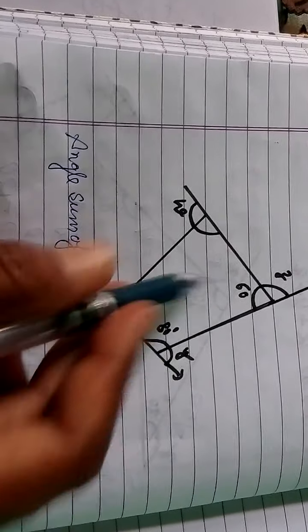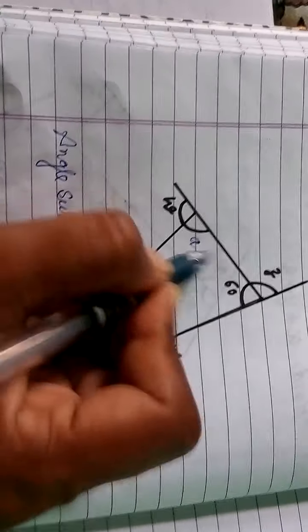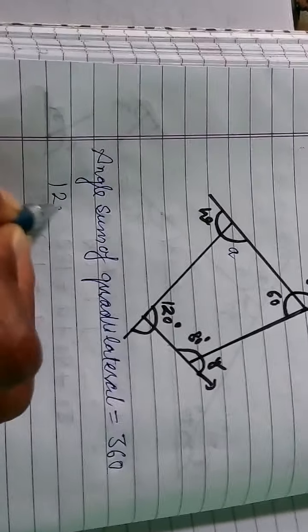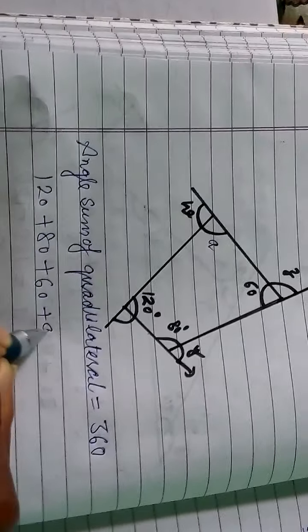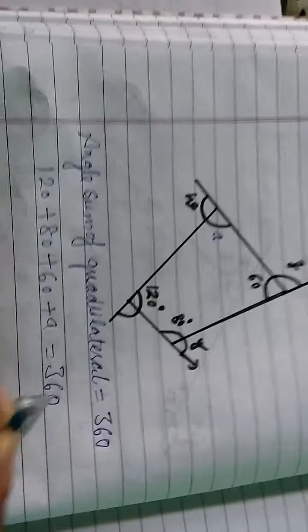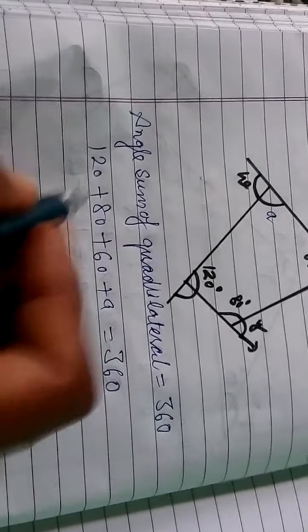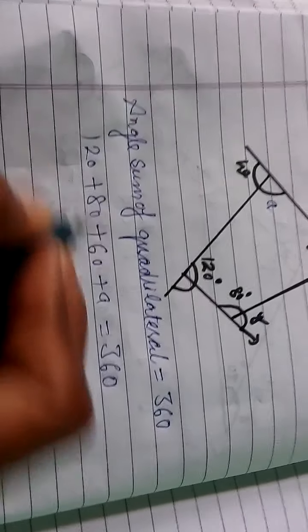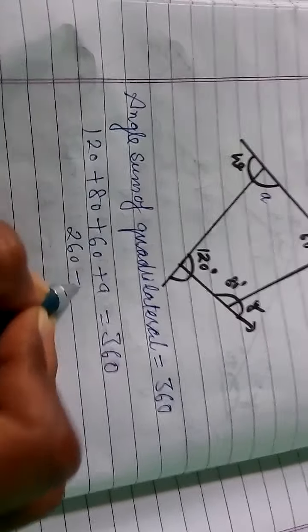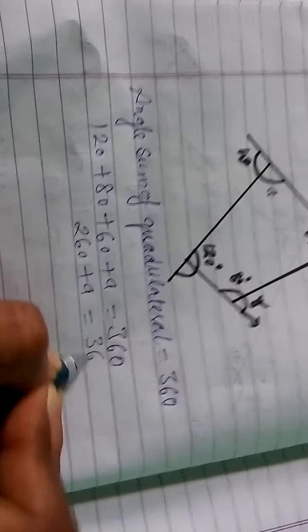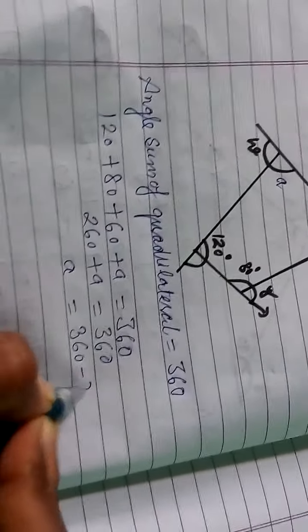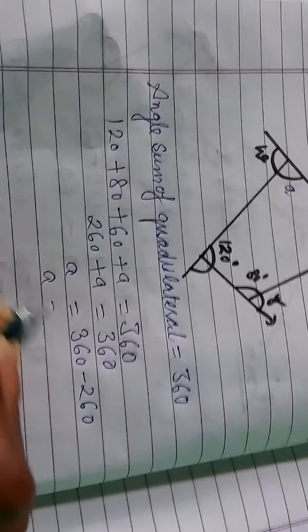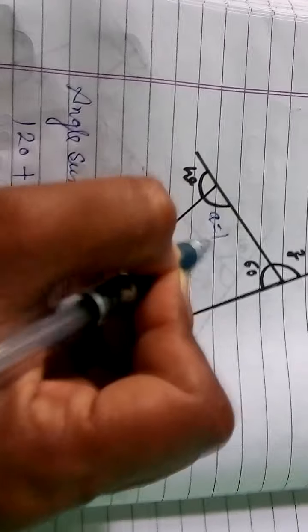Now take this A again, and you will find that 120 plus 80 plus 60 plus A will be equal to 360 degrees. This is 260, so 260 plus A is equal to 360 degrees, and A will be equal to 360 minus 260, so A will be equal to 100. So I got the value of A, which is equal to 100.